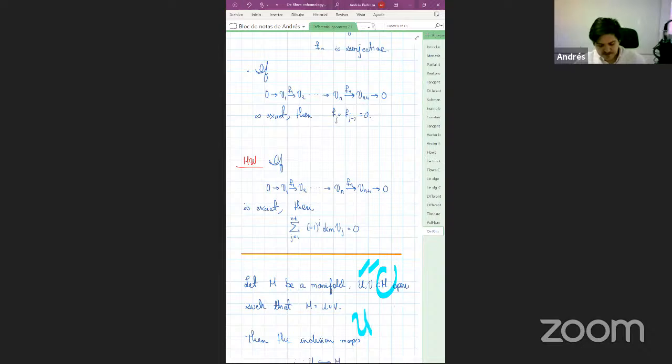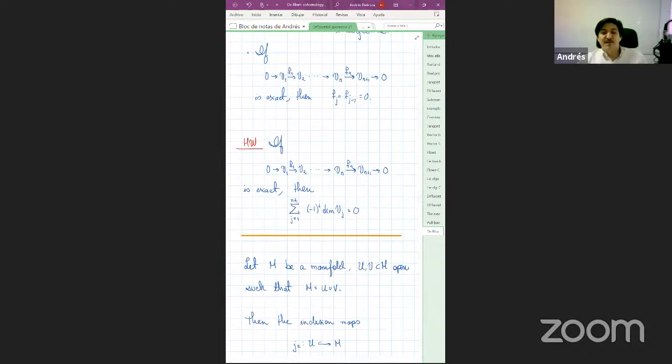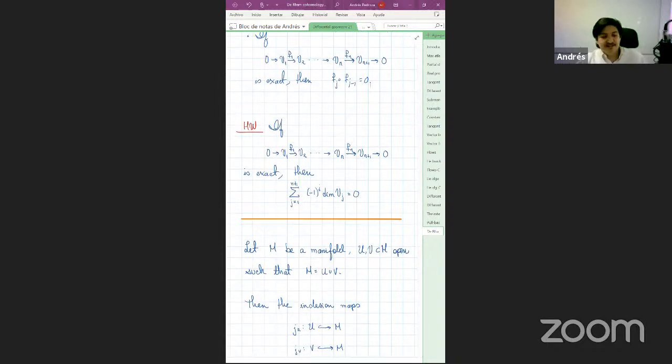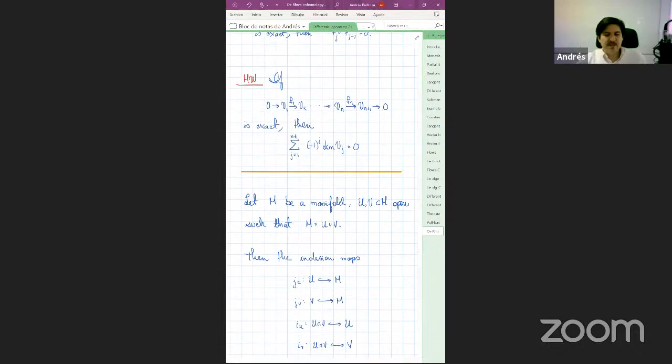So consider the following inclusion maps: the inclusion of U into M, of V into the manifold M, and finally, the inclusion of the intersection into U and into V. Those four maps are smooth maps. They are inclusions, and we have maps of manifolds, C infinity maps.